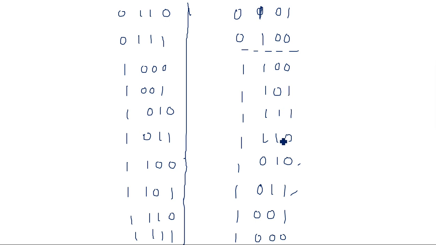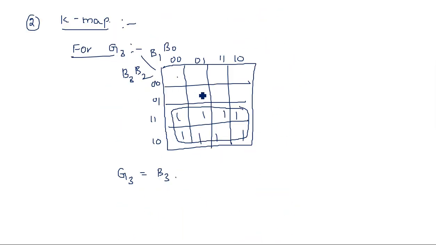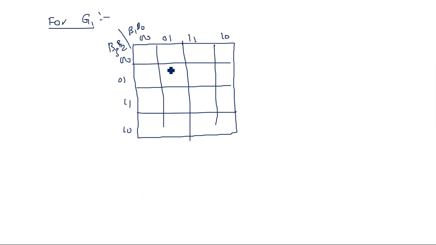Again 2 zeros, 2 ones, 2 ones, 2 zeros. Okay.